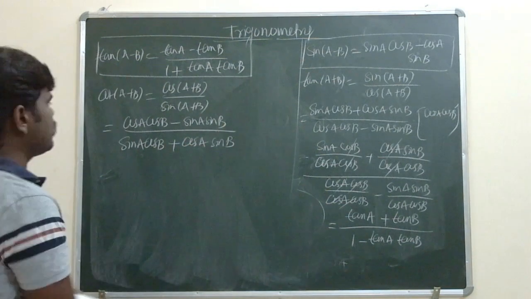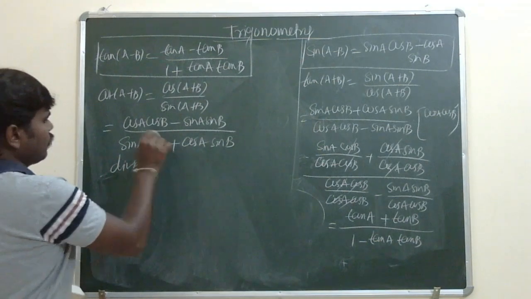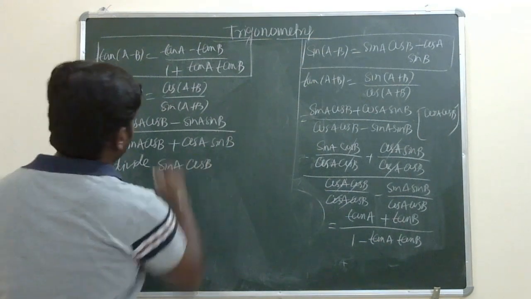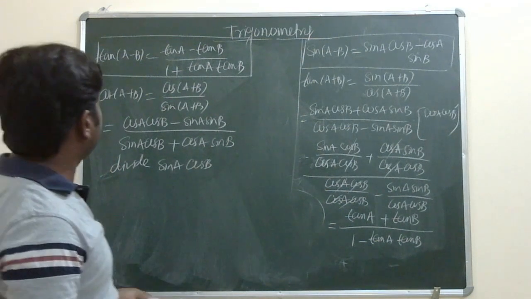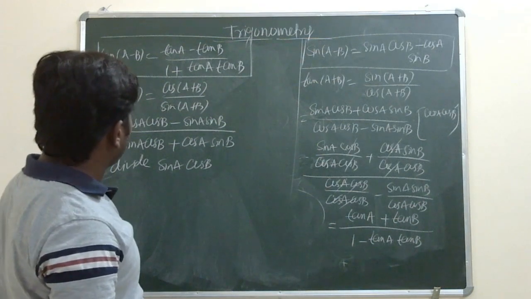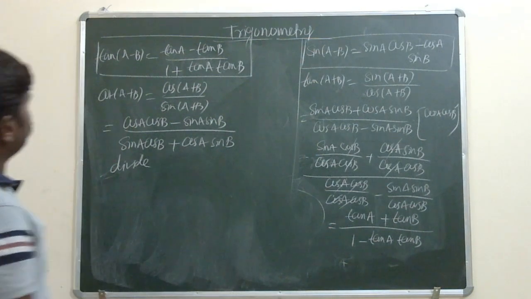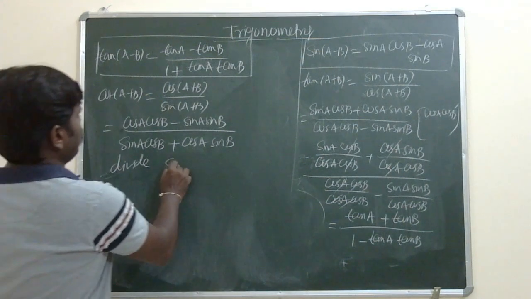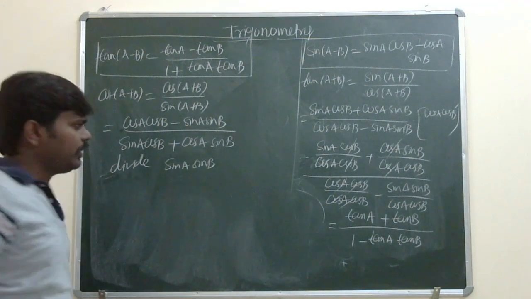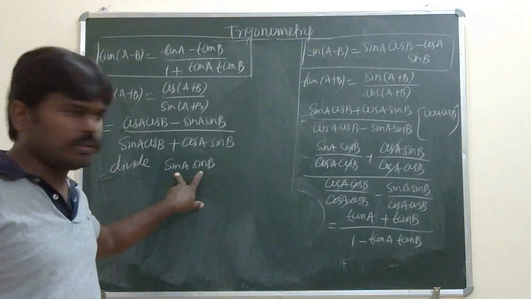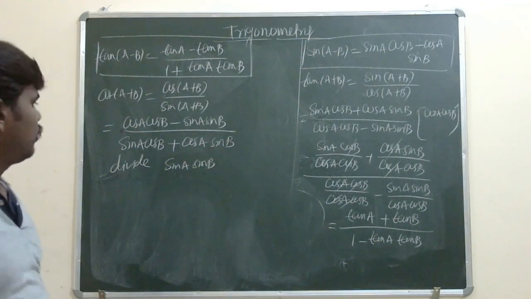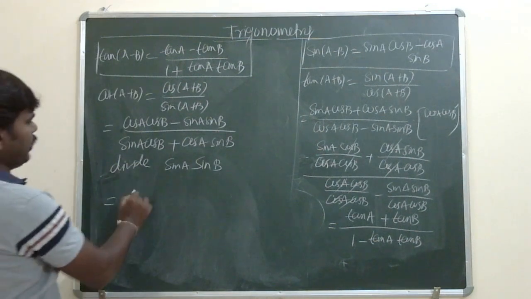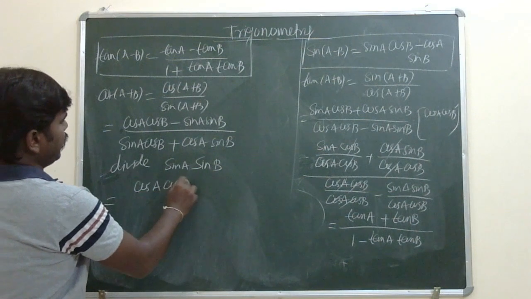So now what we have to do means here divide both the numerator and denominator by sin A sin B. When you are doing division, then here we have to convert everything into cot. So divide by sin A sin B. That is suitable, because when you are doing division with the sin A sin B only, you will get cot here. Okay. So here I am writing to the individual numerator and also denominator terms.